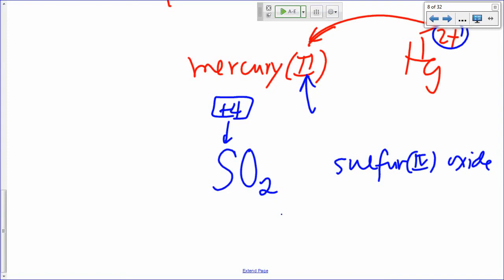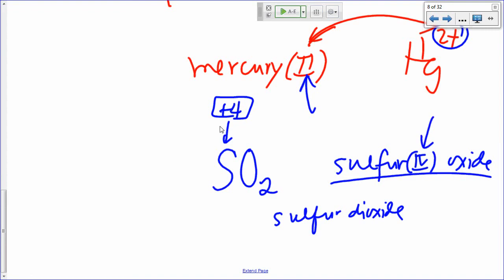You probably learned earlier what do you call this? Sulfur dioxide, right? So this is another way that it could be called. When you say Roman numeral 4 there, you're specifying the oxidation number. Sulfur certainly doesn't have a charge of plus 4 here. Its oxidation number is plus 4.